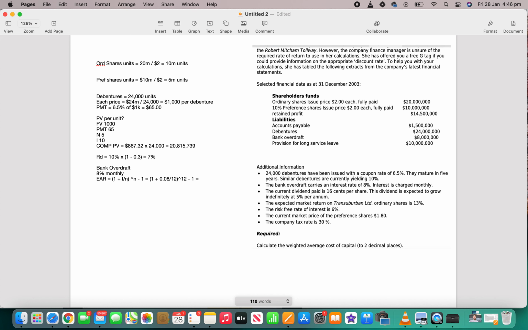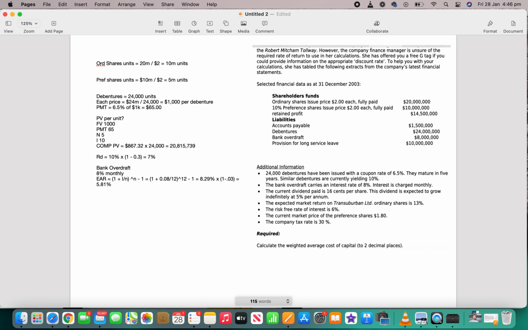and you should get an effective annual interest rate of 8.29%. Okay, so you can use your financial calculator for that. I just did it as a longhand formula. And remember, we've got that 8.29%, but what we want to do is take off that tax rate, so times by 1 minus 0.3, which should equal 5.81%.